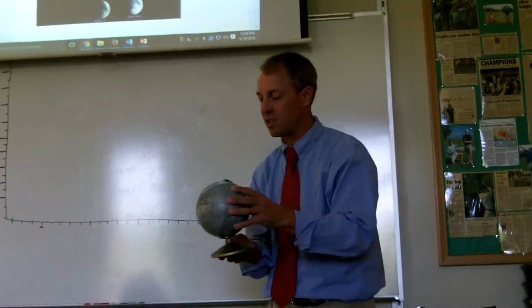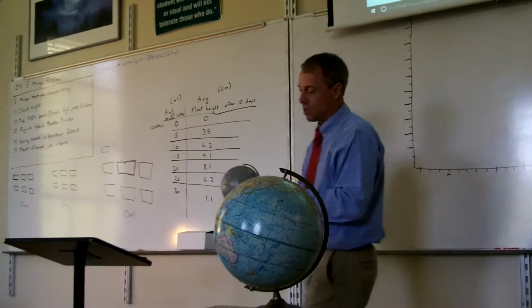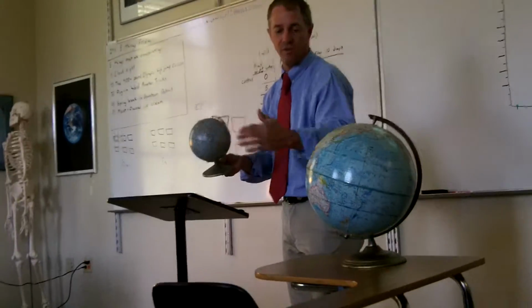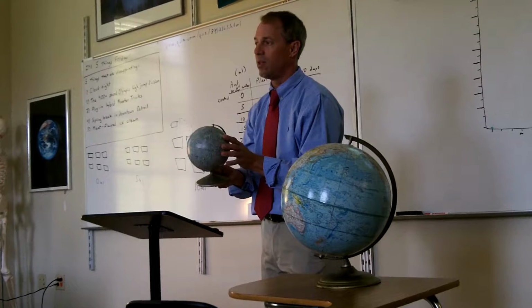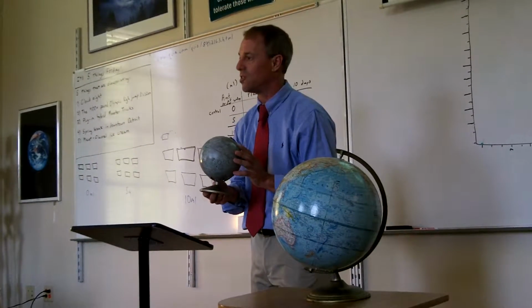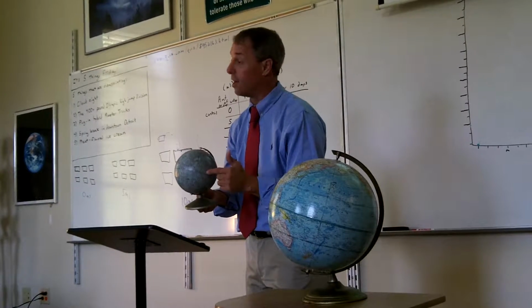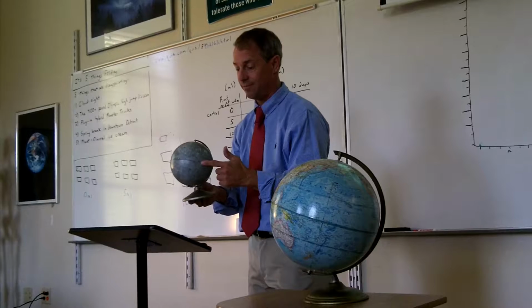The moon turns very slowly though, and so the same face of the moon is always pointed toward the Earth. There's a reason for that. It's called tidal locking, and we're going to study it later. I don't want to get into it now. Does it have anything to do with tides? It does. It has to do with tides.